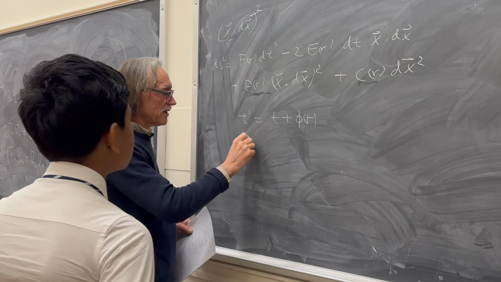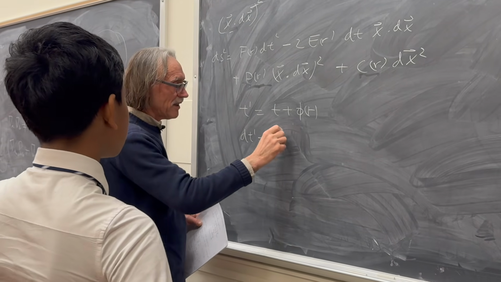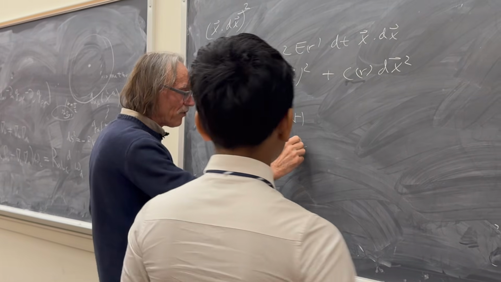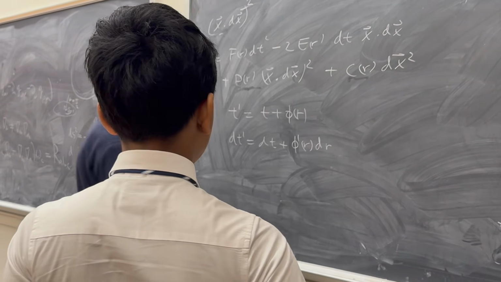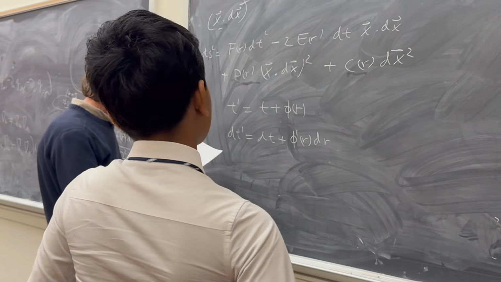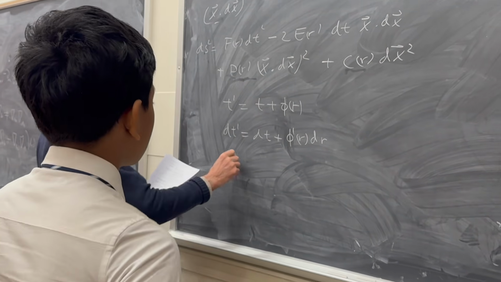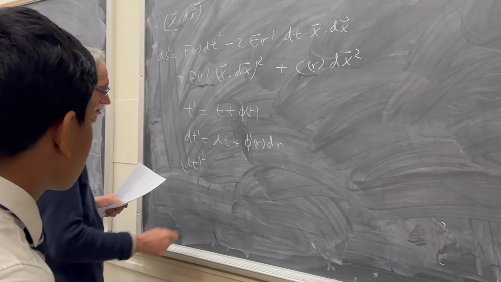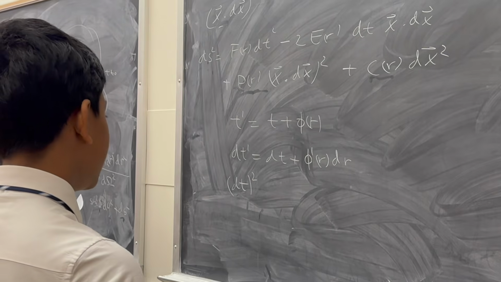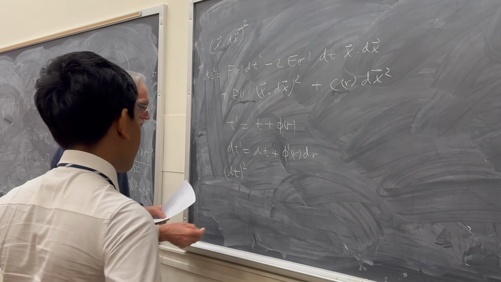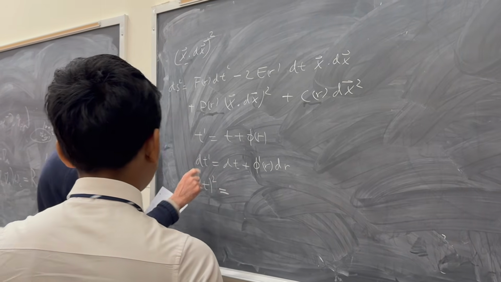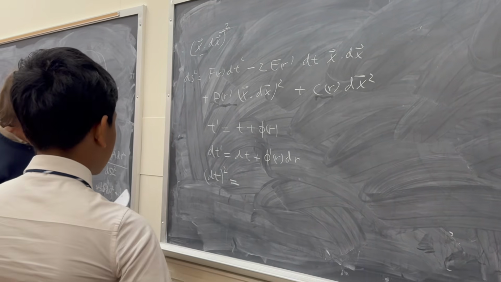So dt prime is then dt plus phi prime of r dr. And if you square it, dt prime squared, I want to express everything in the primed coordinates.